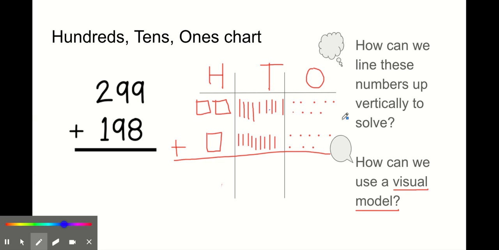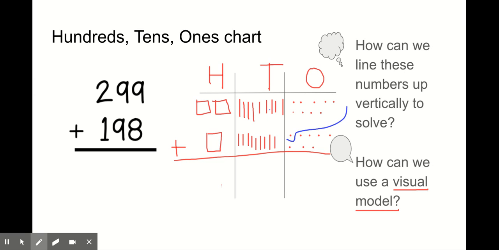Let's take a look. In our ones, we need to add them together. We have more than 10 ones, so we will need to regroup. Let's count. 1, 2, 3, 4, 5, 6, 7, 8, 9, 10.